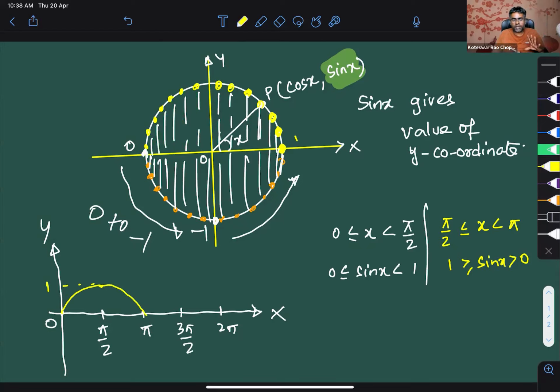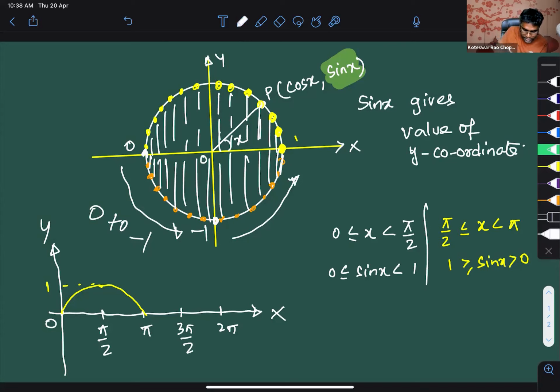But after that, what is happening? You are getting into the third quadrant and then the fourth quadrant, where your y coordinate is negative. So these heights are actually increasing, but they will be taking values with a minus sign. That means you are actually going down. The values are decreasing.